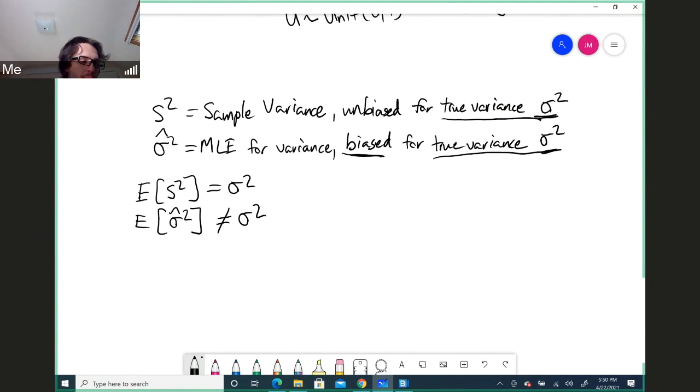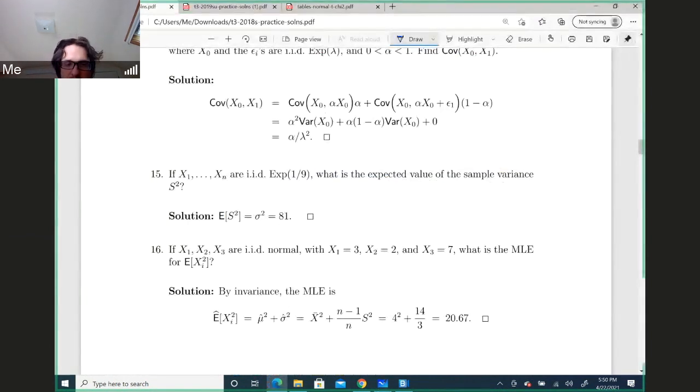And you'll probably see this in some way, shape, or form. In this case, they ask, what is the expected value of the sample variance, s squared? Well, because the sample variance is unbiased, the expected value is equal to the true variance.